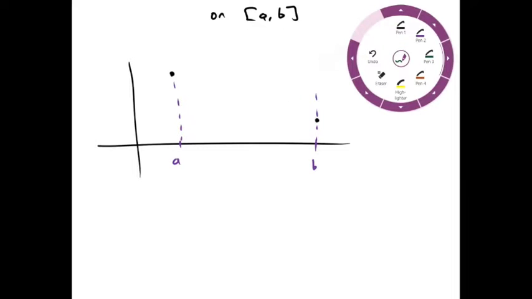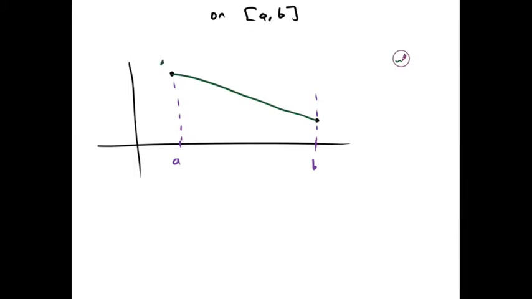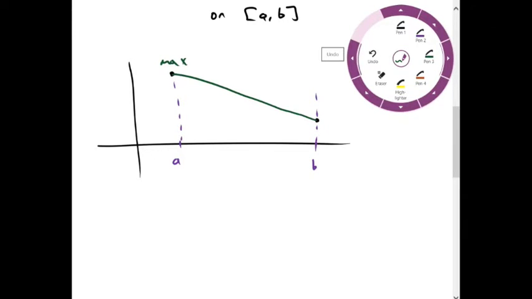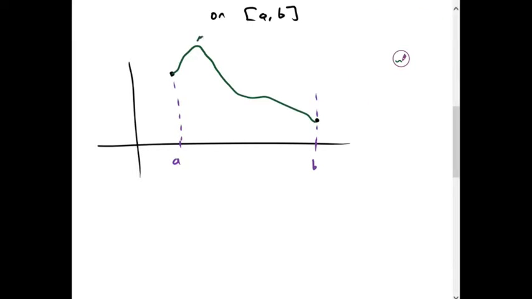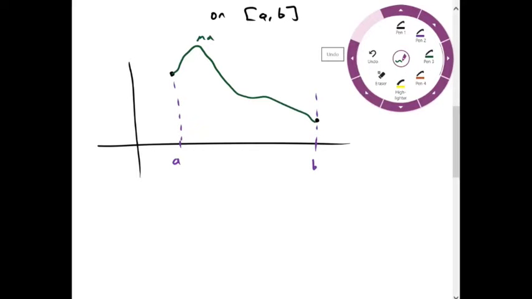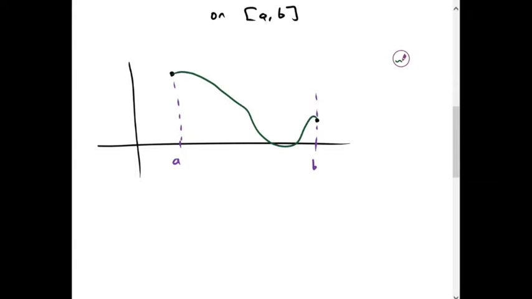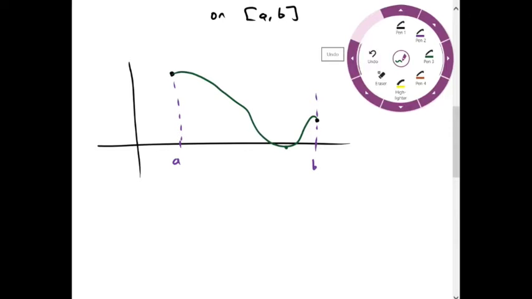We have to get from f of A to f of B. Either our endpoints are going to be the max and min, or we'll go higher than the endpoint and this will be our max, or we'll go lower than the endpoint and this will be our min, or both in conjunction.